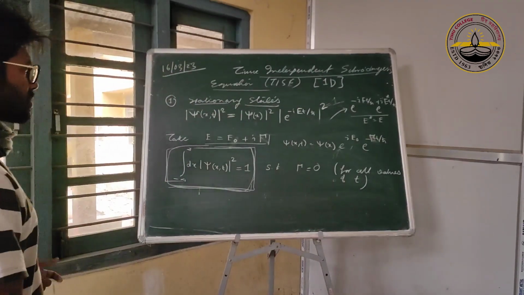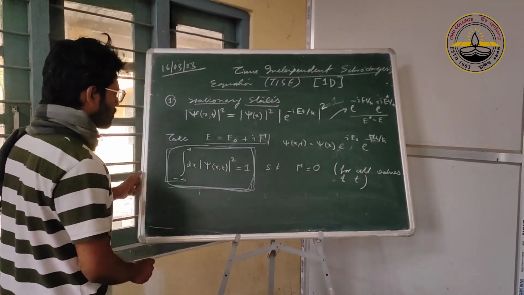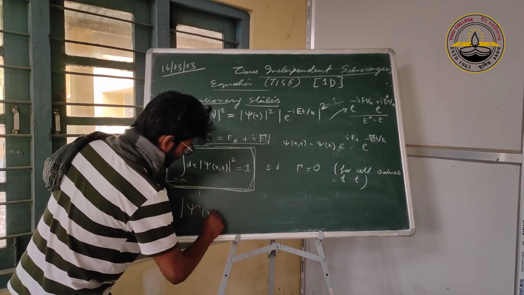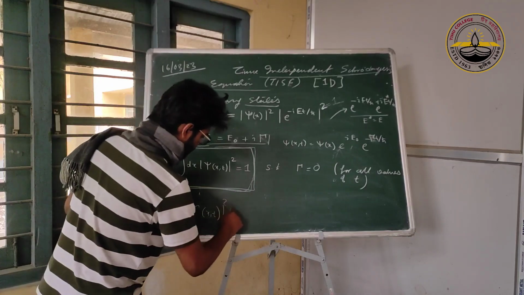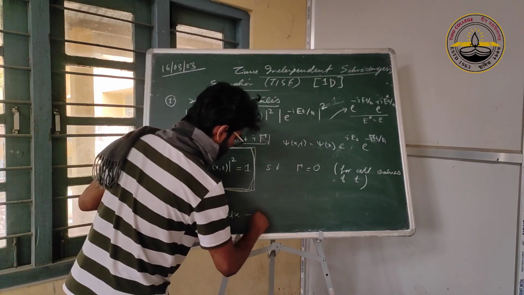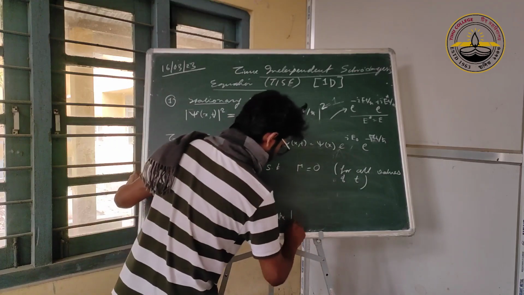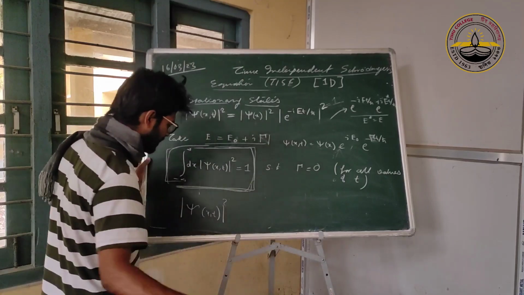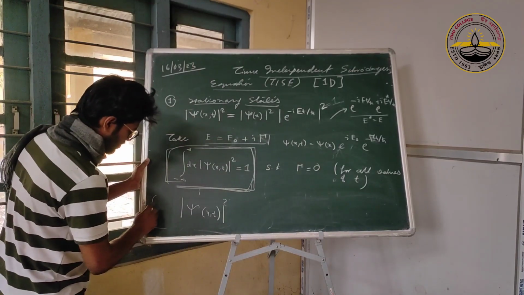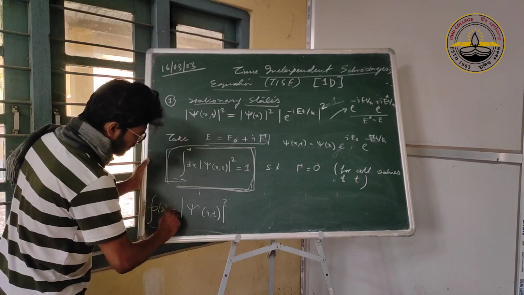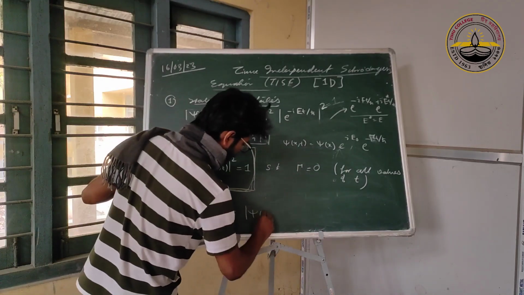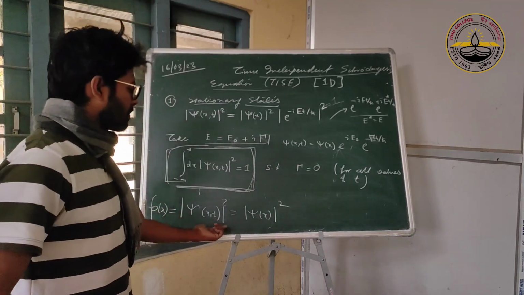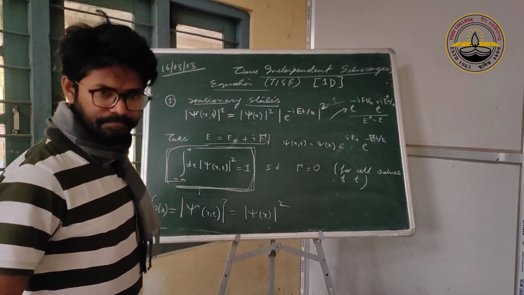And so the conclusion is that not only does this probability density, the whole wave function mod square, become just the x piece mod square.